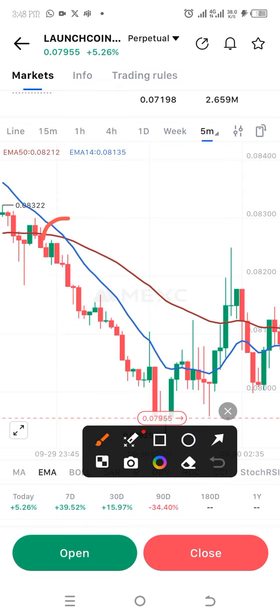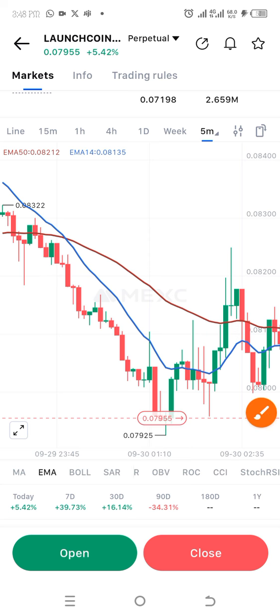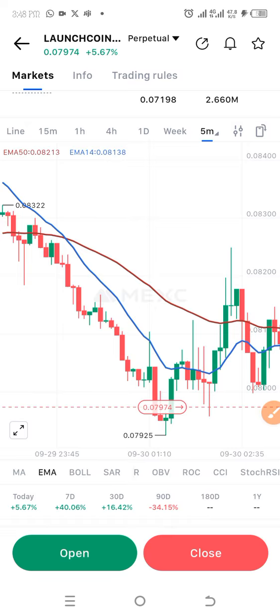So here again, as you can see, the market crosses here, the indicator crosses here, and the market moved down very massively. You don't need many cryptos or many coins to focus on. You can just look for one volatile crypto and focus on it and keep milking it.